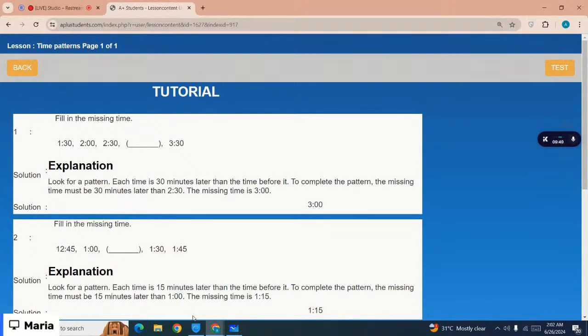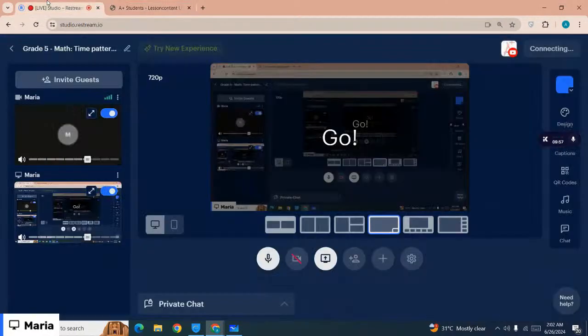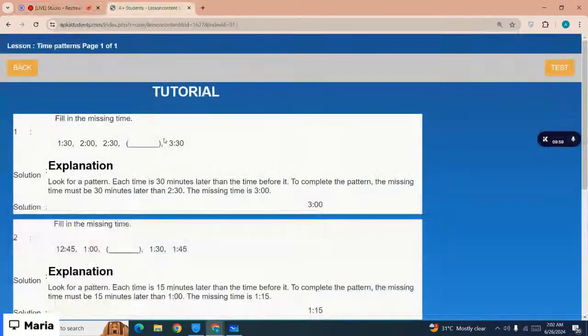Time 1:30, 2:30, the missing time, and 3:30, right? You have to find the missing time. First thing is there is a pattern in the given times.